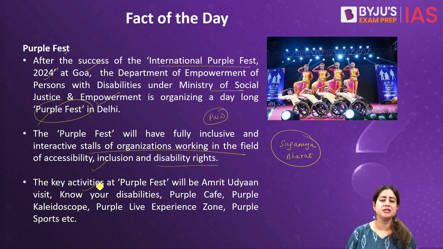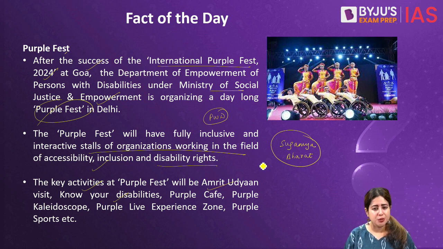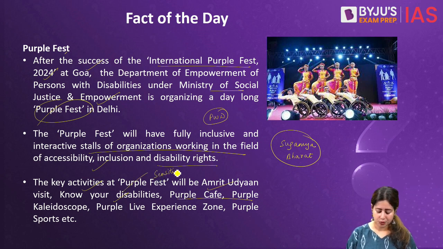Now, the key activities that will be done in the Purple Fest shall range from, say for example, Amrit Udyan visit, which means that we are trying to create a culture where we can promote employment opportunities for special needs people, as well as Know Your Disabilities, a sensitization campaign, which makes people aware about various disabilities, not only physical, not only mental, not only social, psychological, but also neurological.